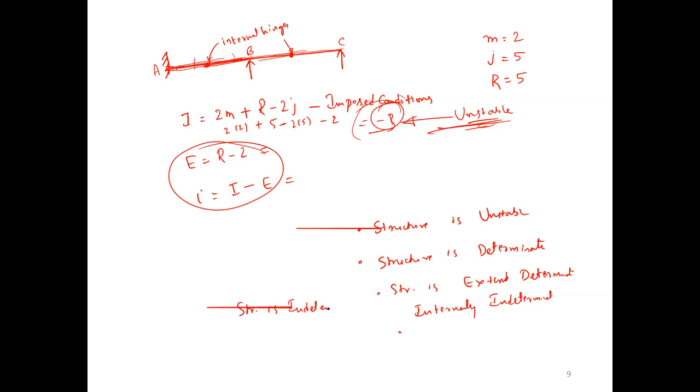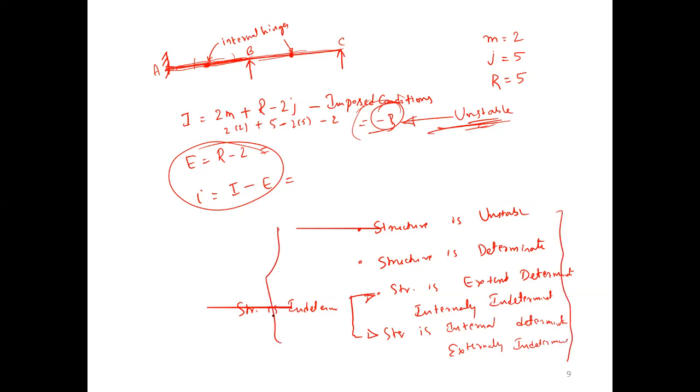In structure is indeterminate, you are getting two things. One is structure externally determinate, internally indeterminate, or structure internally determinate and externally indeterminate. So problems can be set with any of these options.